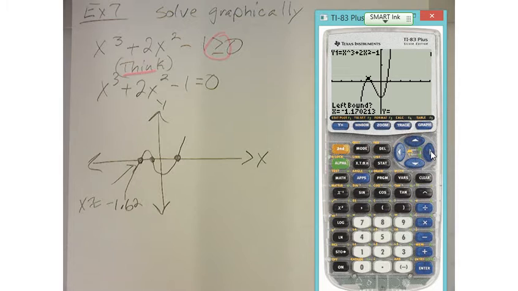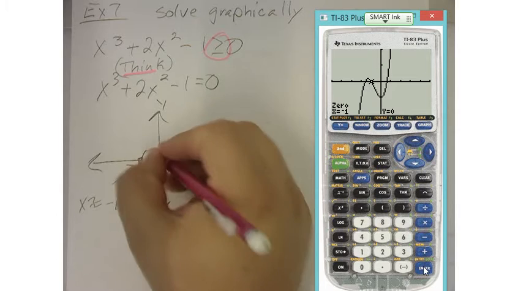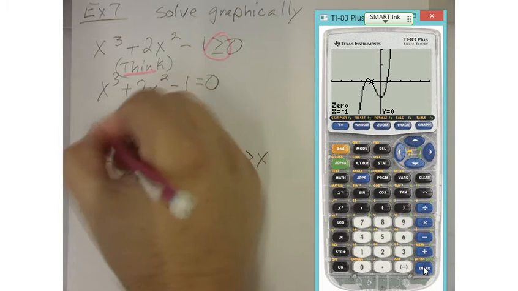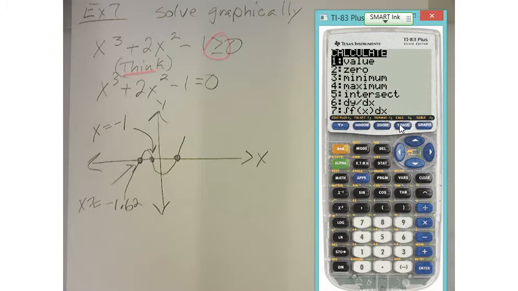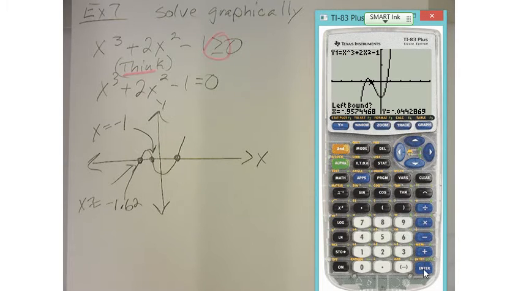I'm going to move a little bit to the left, a little bit to the right, and try to guess. The next x-intercept occurs when x equals -1. Now I'm going to keep moving around. I'll hit second calculate, zero, come around to the next intercept. Oops, we've got to be a little to the left, a little to the right, and then guess.